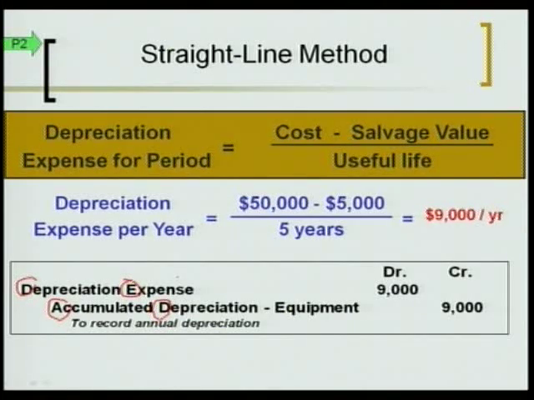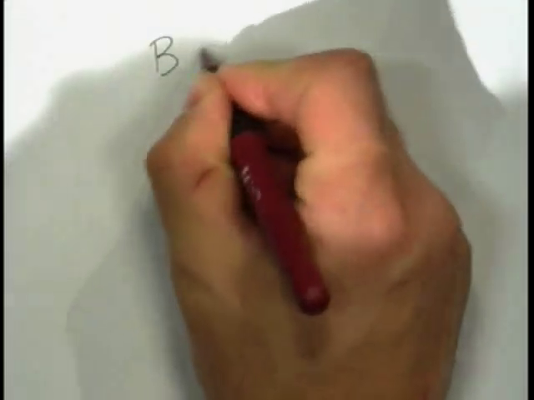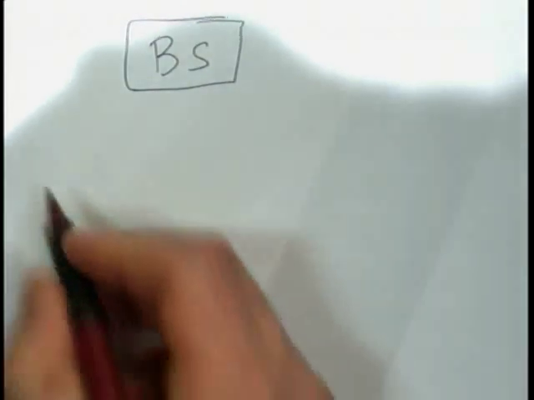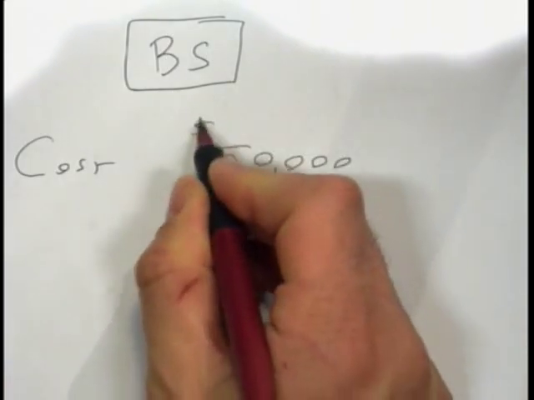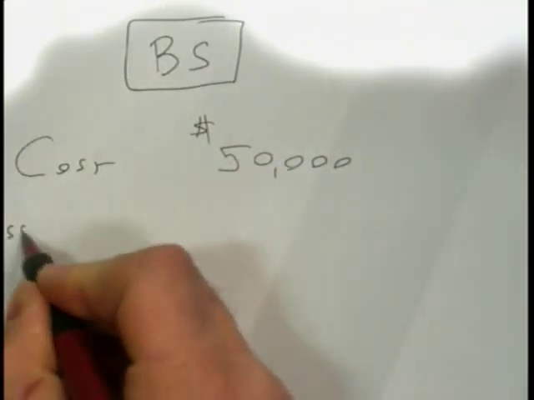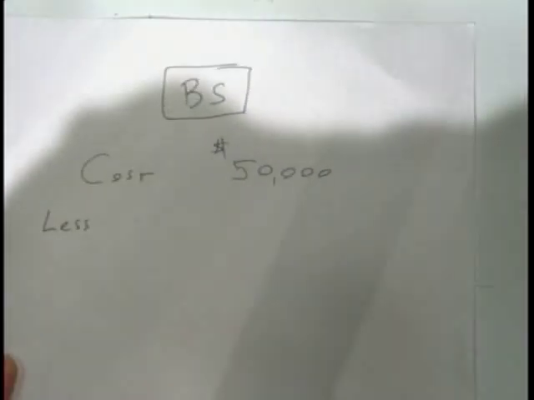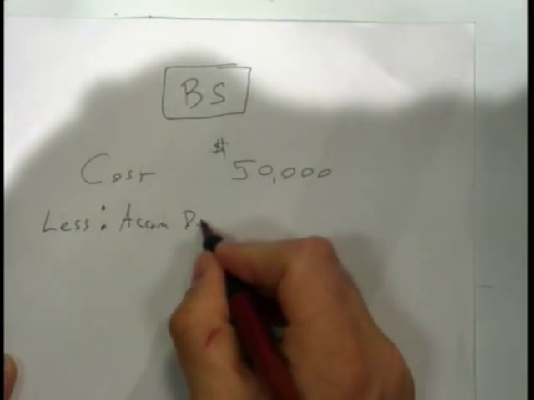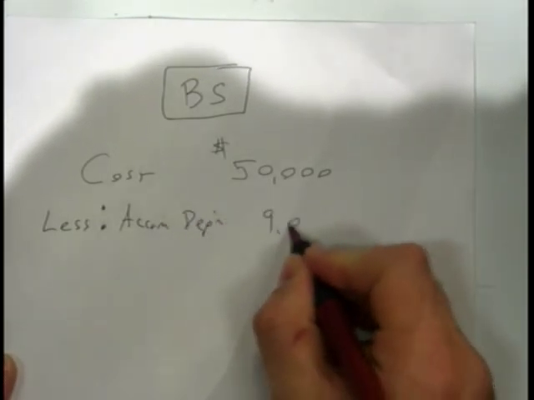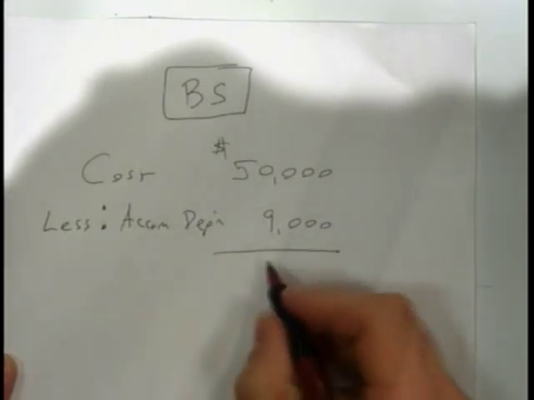Now, one thing I want to point out. How would this look on the balance sheet after we had depreciated it for this first year? Well, on the balance sheet, we would have the cost of the asset of $50,000, okay, less the accumulated depreciation of $9,000, and that would equal $41,000.